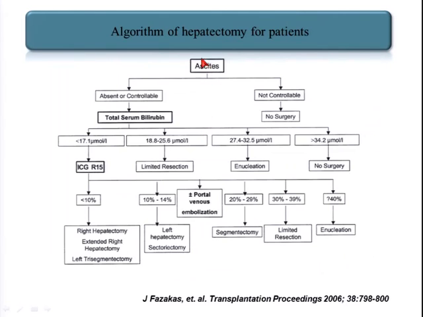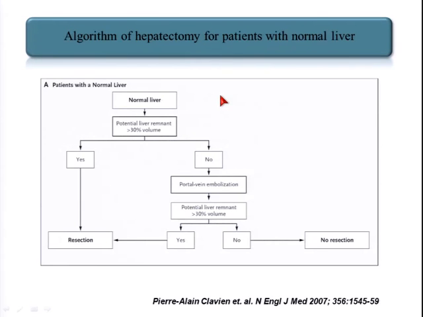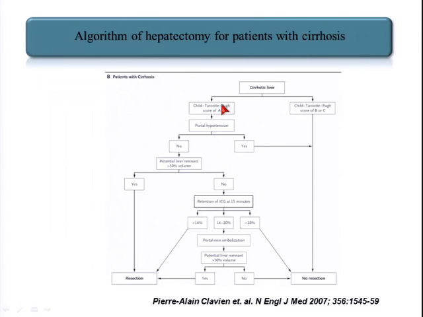Ascites, bilirubin, and indocyanine green 15 are the major parameters for hepatectomy. This is very simple and very nice, I think. For the normal liver, the liver volume is the only important thing. And for the cirrhotic liver, the Child classification and indocyanine green are the only tests available for this kind of patient.